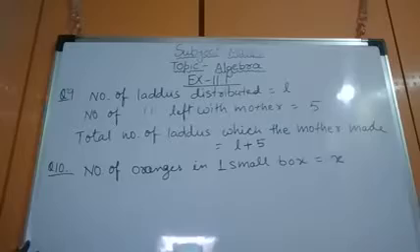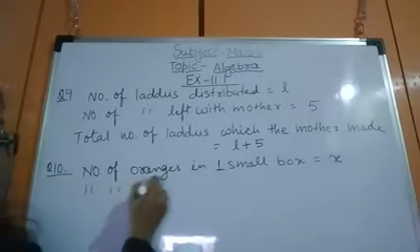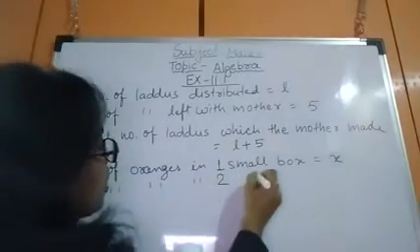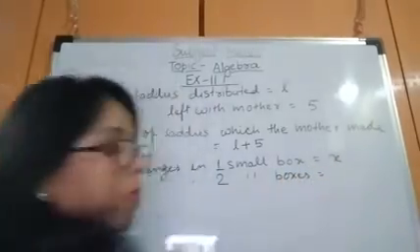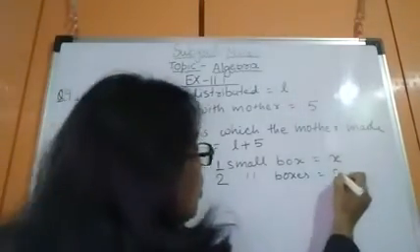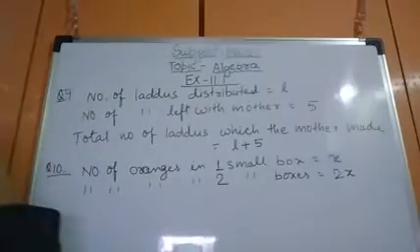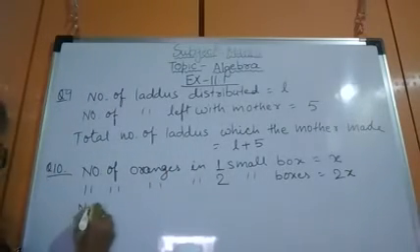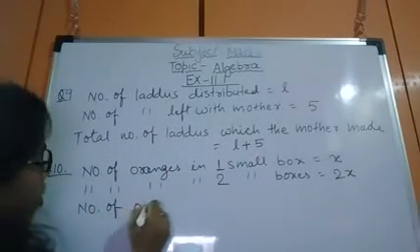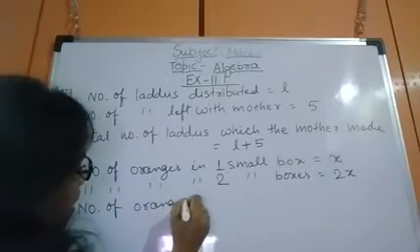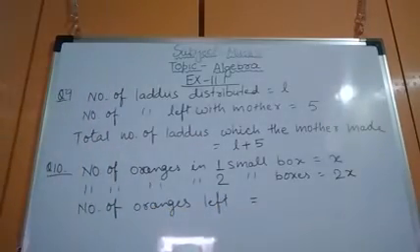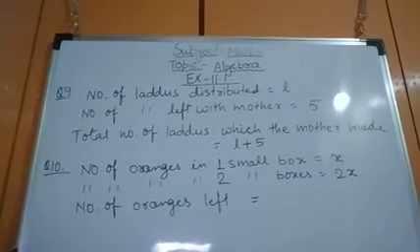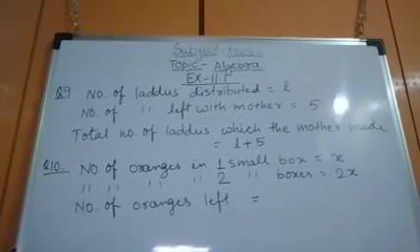So the number of oranges in 2 small boxes will be 2 multiplied by x, that is 2x. Number of oranges left is 10.